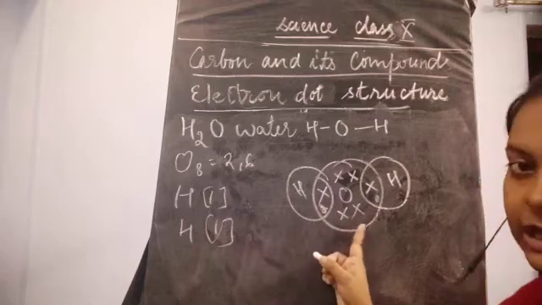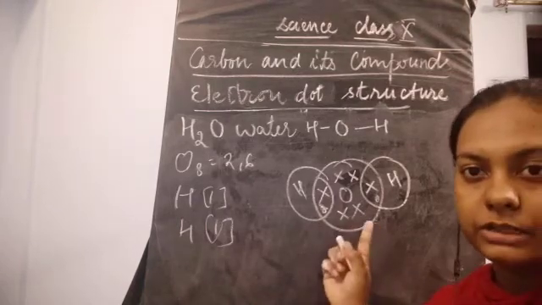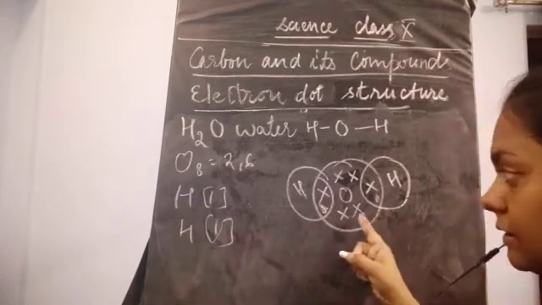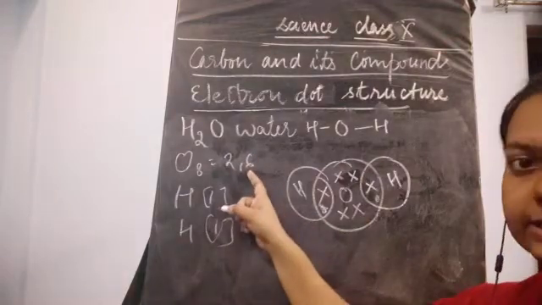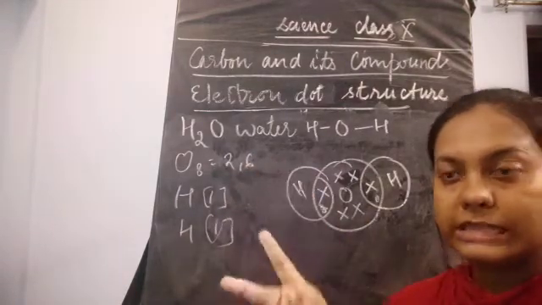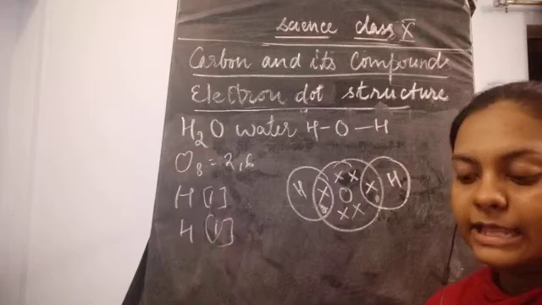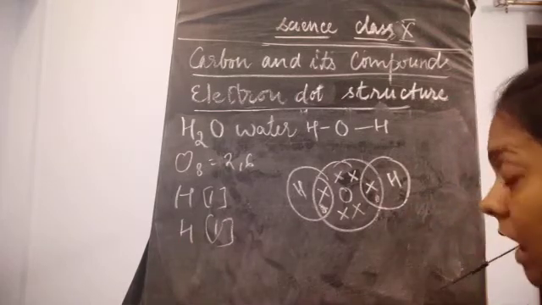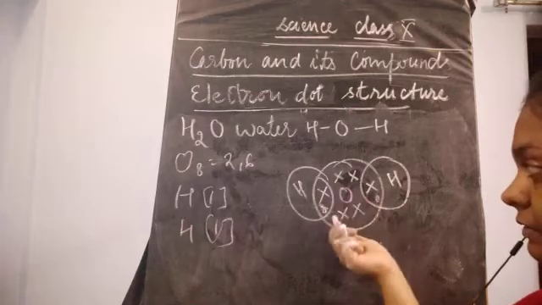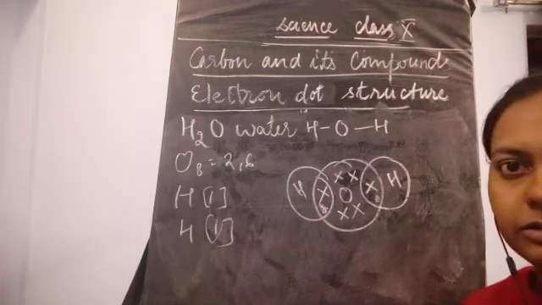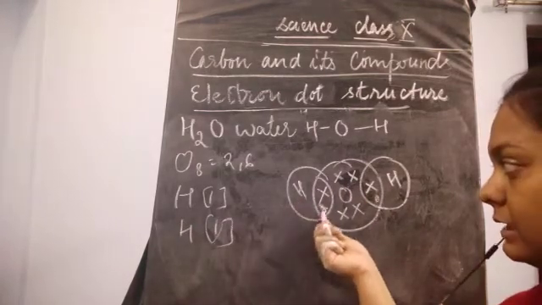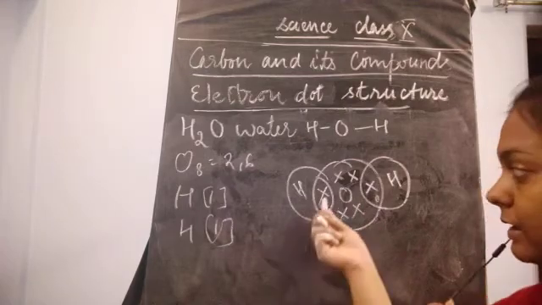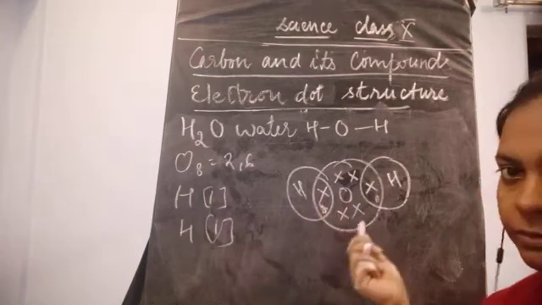So now we'll count the electrons for this oxygen. The oxygen was having 6 electrons. Now 2 more electrons have been donated from these 2 H atoms, and this has become 8 electrons, 1, 2, 3, 4, 5, 6, 7 and 8. Okay, similarly here also H has completed its duplet, which becomes 2 in its outermost shell now.